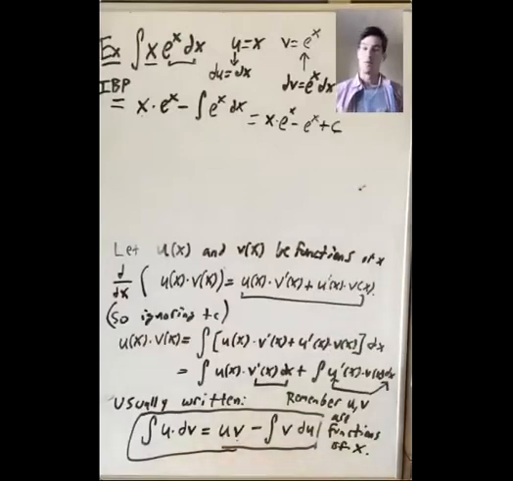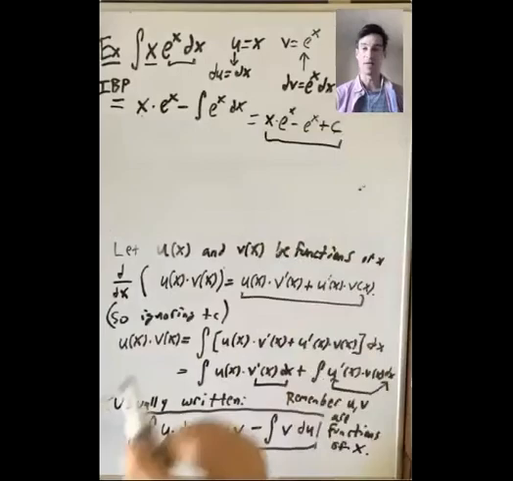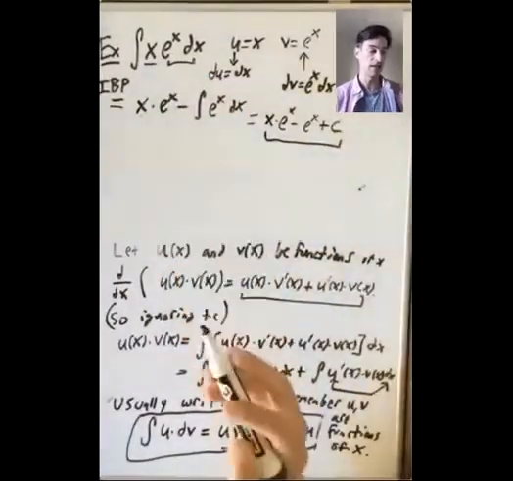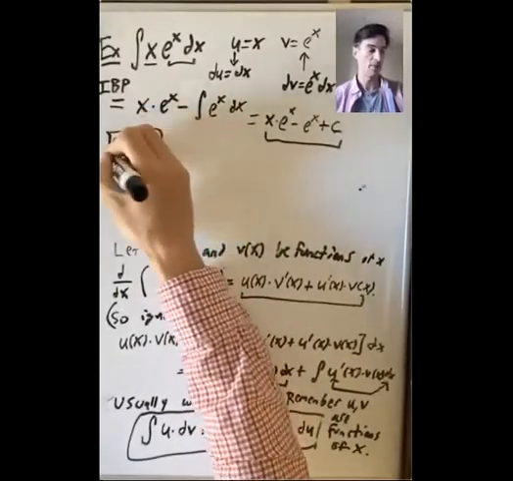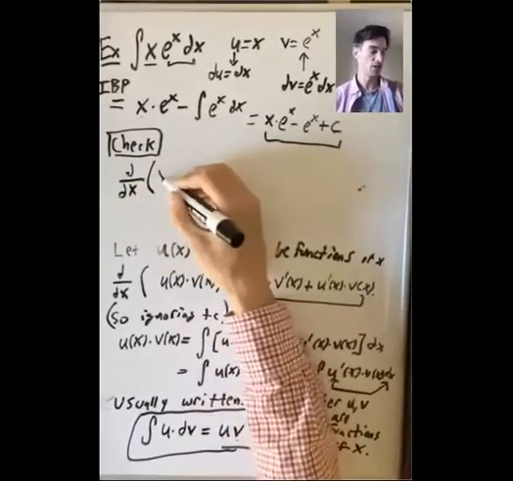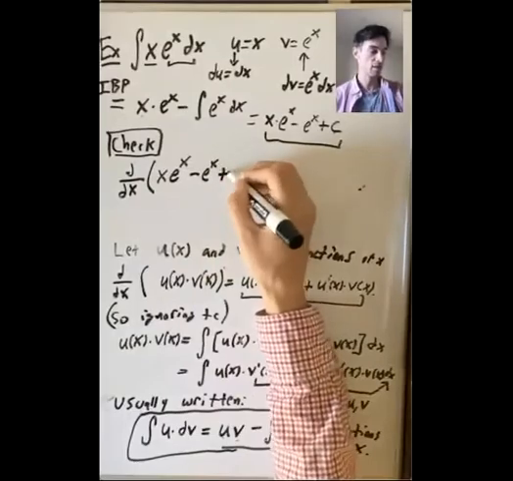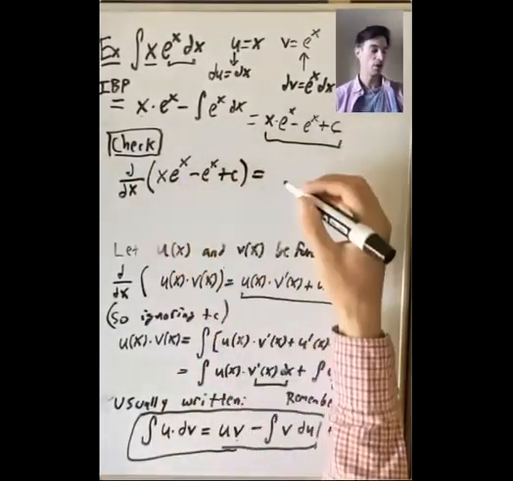Okay, what are we saying? We're claiming that this function that we got from integration by parts is an antiderivative of the function x times e to the x. So we can check what happens when we take d dx of this function, x e to the x minus e to the x plus c. Well, we'll do the first part with the product rule.